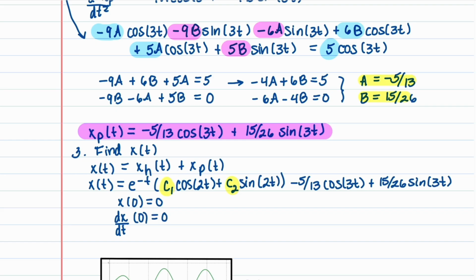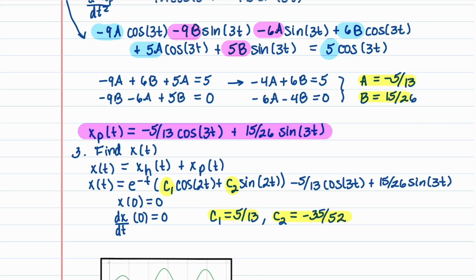I am not going to go through the algebra to do that. I've gone through this type of problem before in other videos. And when you work through all the algebra, you end up with C1 equal to 5 over 13 and C2 equal to minus 35 over 52.